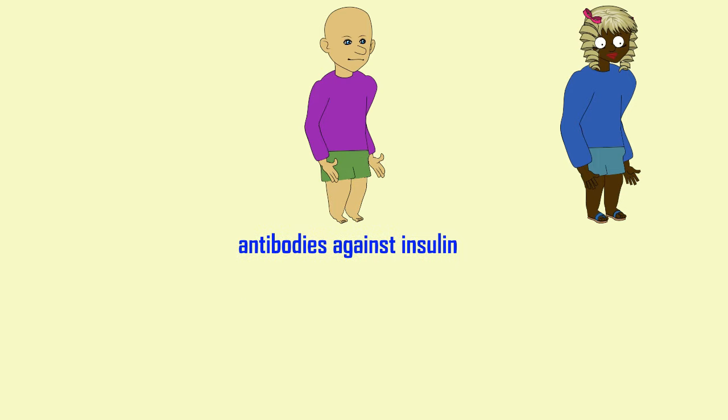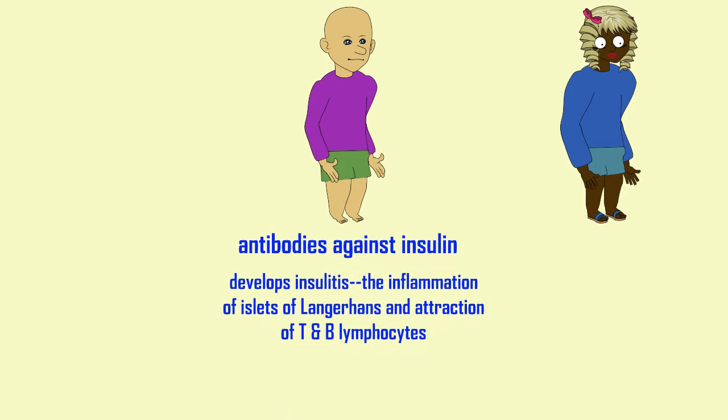The second patient also develops antibodies against insulin and insulitis, but it progresses. And these antibodies against insulin are commonly seen in those who develop childhood diabetes, more likely than not.